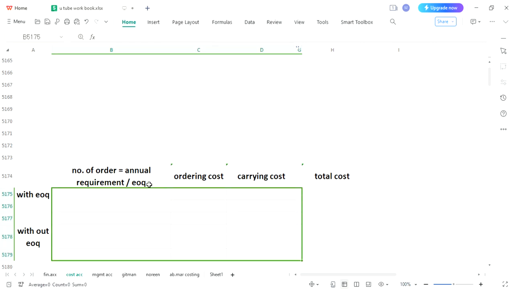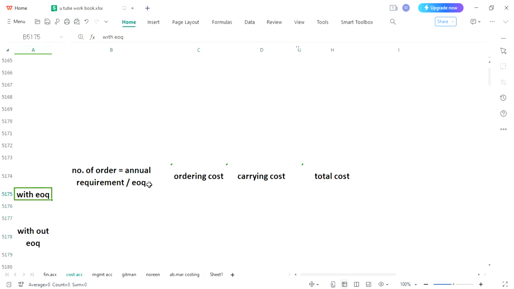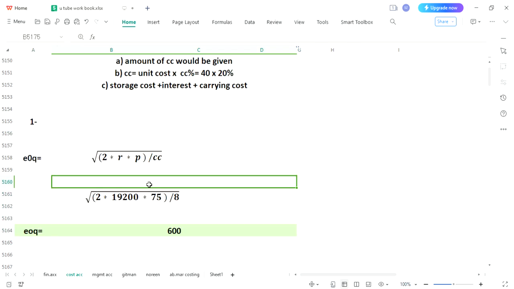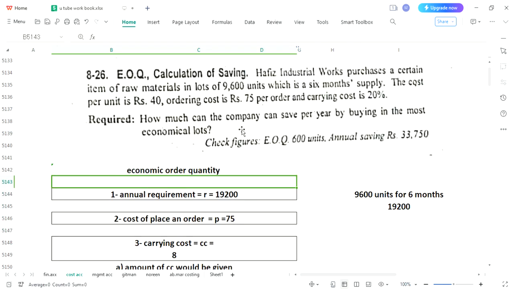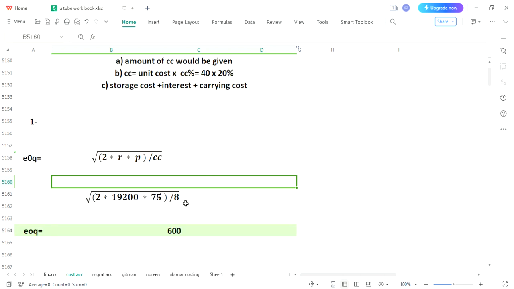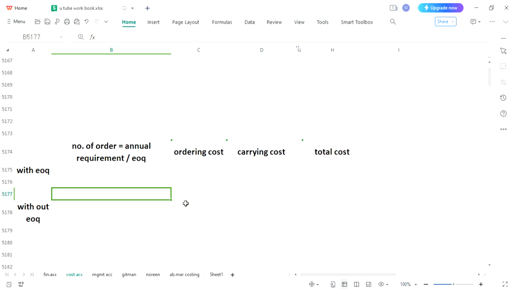So after that, let's get back to the question, and annual requirement was calculated over here. Since in the question a requirement for 6 months was present, we have doubled it to make it annual requirement 19,200. So put 19,200, and then you will divide it with economic order quantity, which has been calculated as 600.